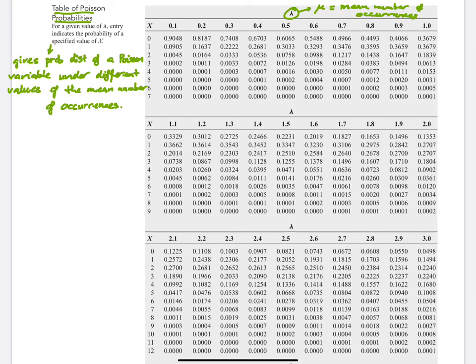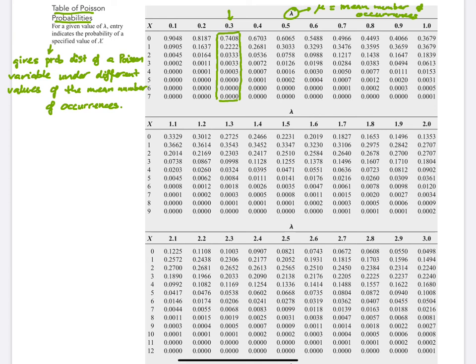So for example, when the mean number of occurrences is 0.3, then this whole column is the probability distribution of the variable x when mu is 0.3. So let's look at the problem we just did.